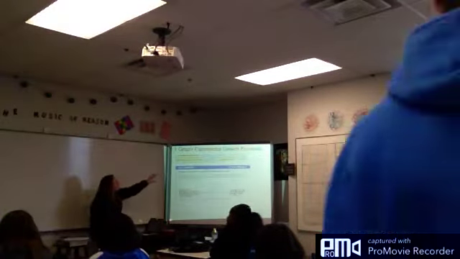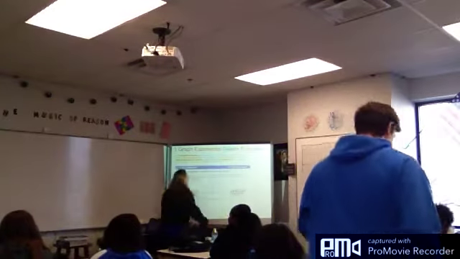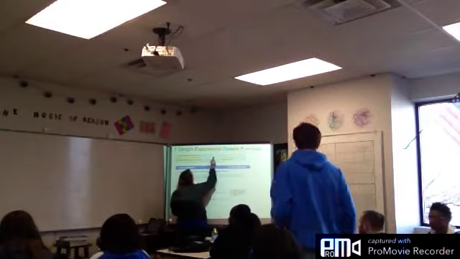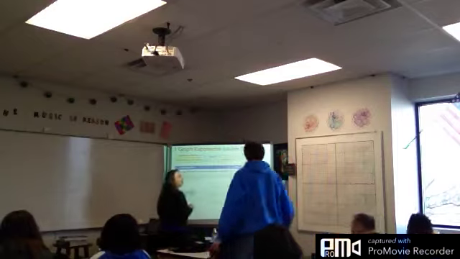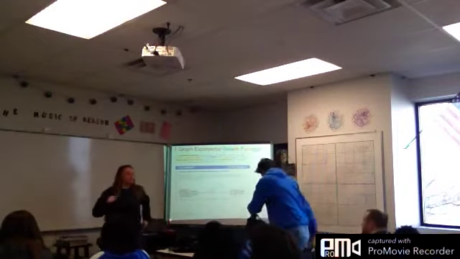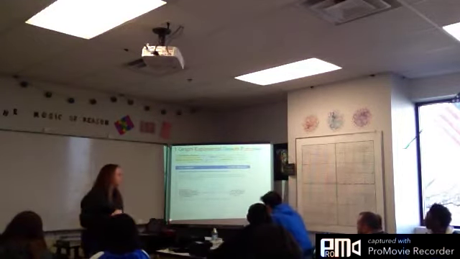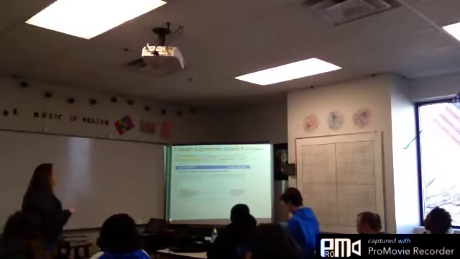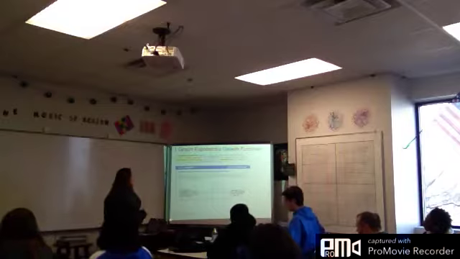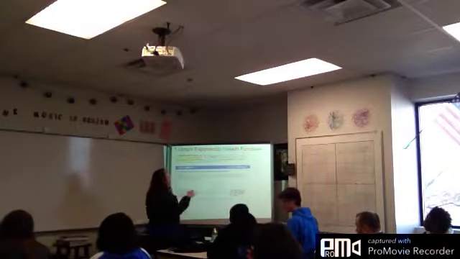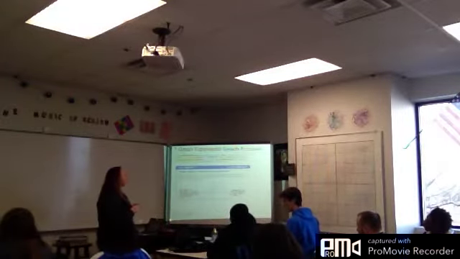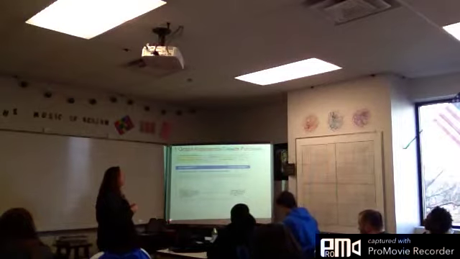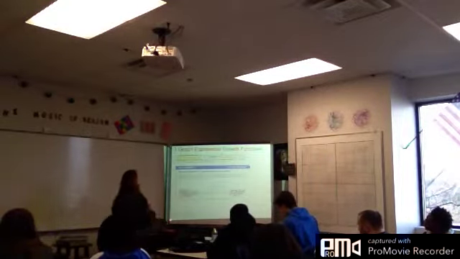Exponential functions have the form y equals a times b to the x power. A cannot equal 0, and the base b is a positive number other than 1. If a is greater than 0 and b is greater than 1, then the function y equals a times b to the x is an exponential growth function.